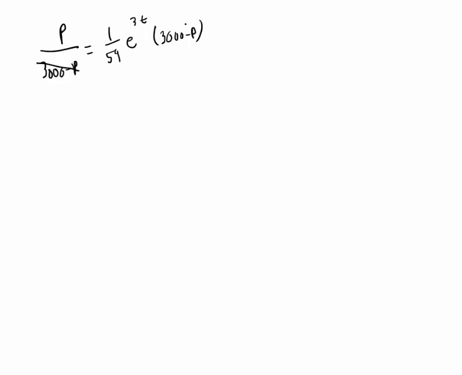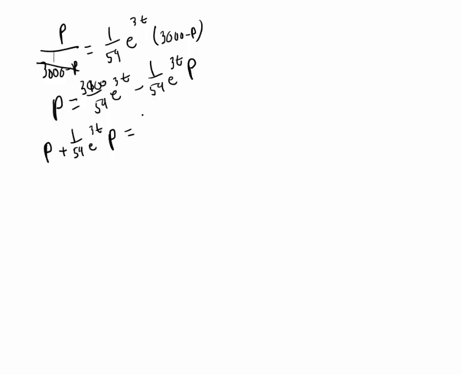Now I'm going to have to distribute it to both of those, so I get P is equal to 3000 over 59 e to the 3t minus 1 over 59 e to the 3t times P. Then I got the P terms on the same side, so I got P plus 1 over 59 e to the 3t P equals 3000 over 59 e to the 3t.